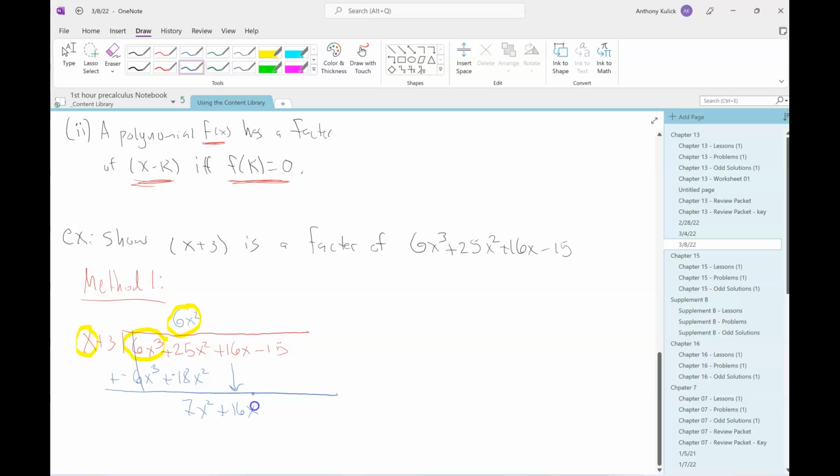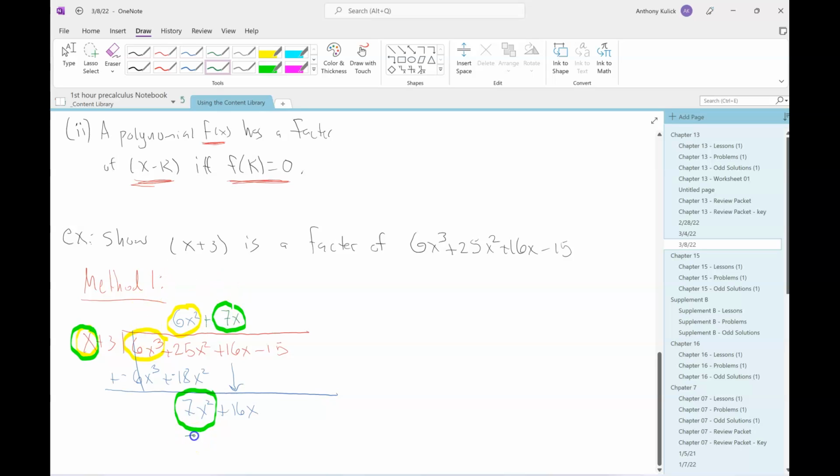And then we'll bring the next piece down. And then ask ourselves what times the leading coefficient of the divisor gives us the new leading term of the dividend. I would say 7x.